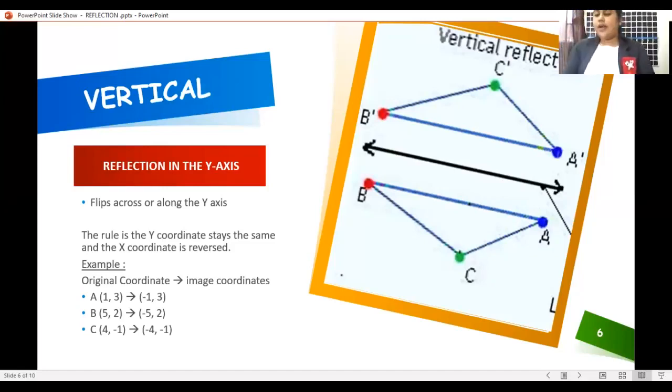Right. Now I want you to observe those coordinates punched. Observe it for me and tell me, for number 1, when we punch 1, 3, according to our reflected point, what did we get? We get -1, 3.